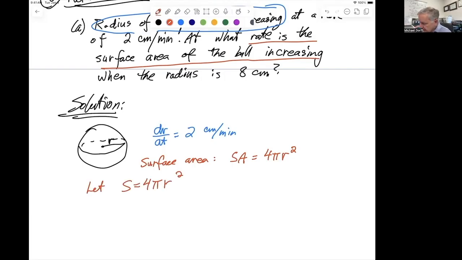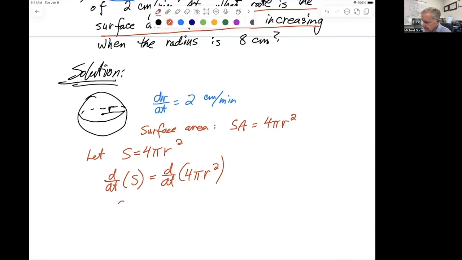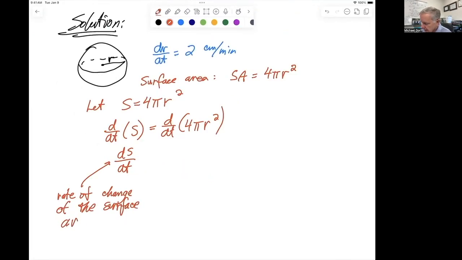I want to find the rate of change of S of r. So I'm going to look at d/dt of that, and I'm going to look at d/dt of the right-hand side. On the left-hand side, I have dS/dt, which is the rate of change. And on the right-hand side, I'm going to get 4 pi because that's constant, and then I have r squared. What's the derivative of r squared?